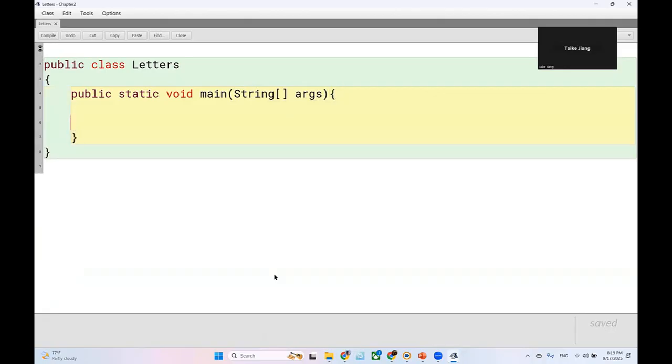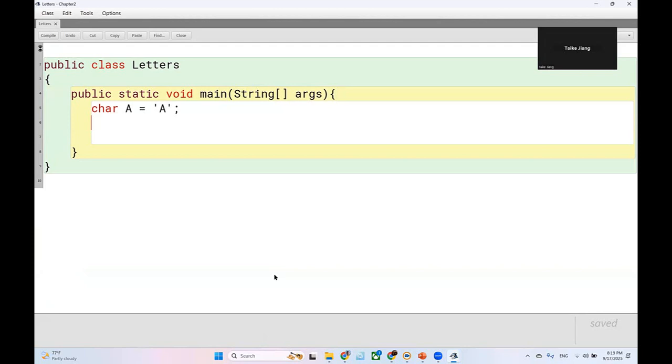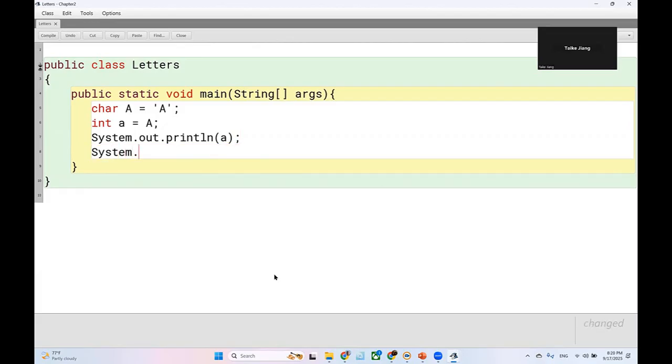Now, you do have a character, assume it is character A. So that's actually converted to integer A. If you print the number A and you print the data A, let's see what happens.